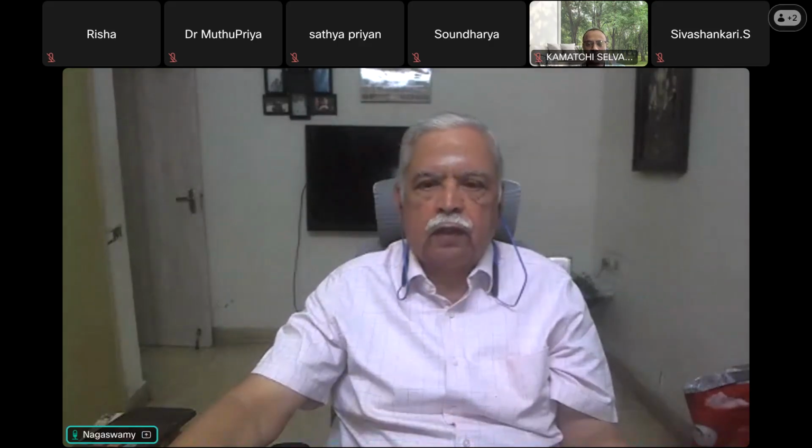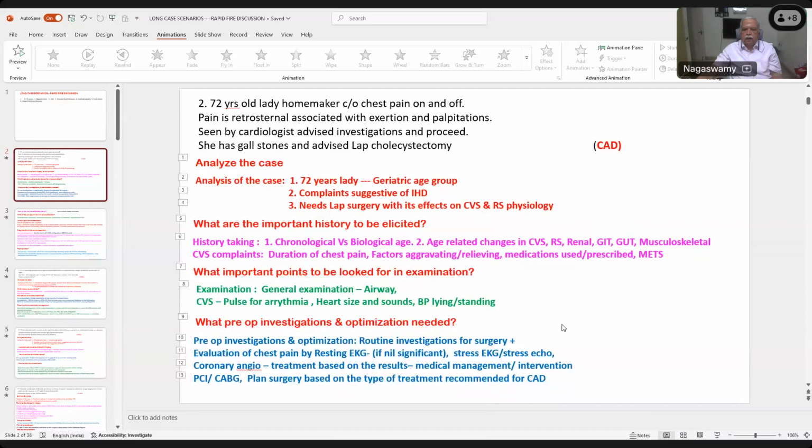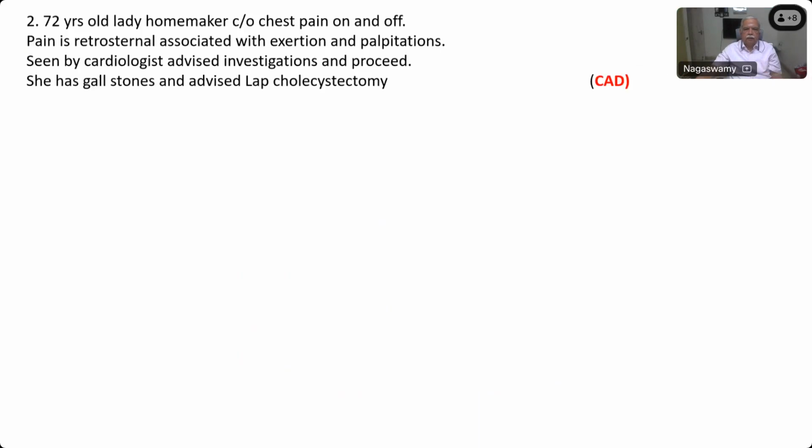So the order will not be in a serial fashion. It will be a little jumbled up, and as you can see, I put another case as the starting case number 1, but then I changed the order, and now we are getting case number 2. The case says: a 72-year-old lady who is a homemaker complains of chest pain on and off.